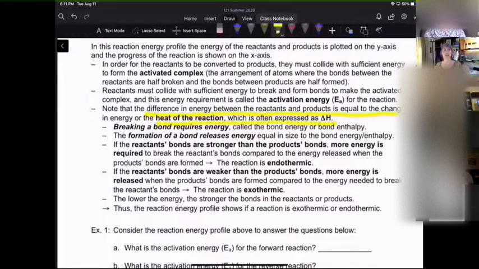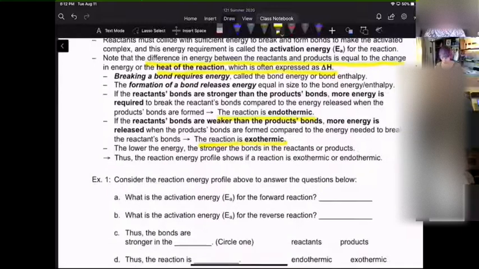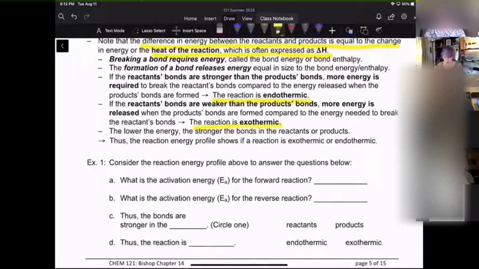When we did energy before, we talked about the heat release, endothermic and exothermic. So we're bringing that back, endothermic and exothermic. And it's just a new way to cast it in terms of the bond strength. And so what I want to do is use this energy profile to identify the activation energy in the forward and reverse directions.